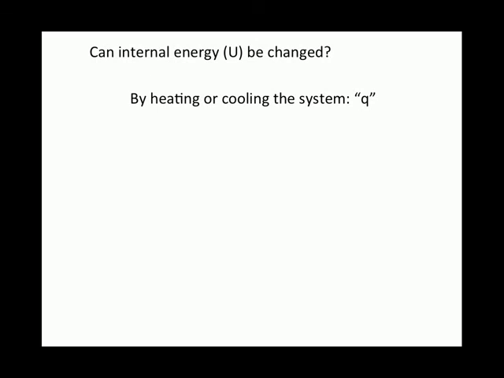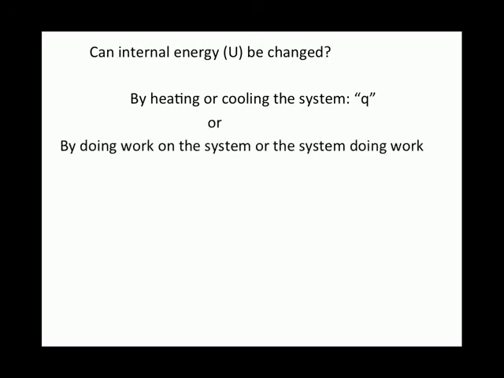But we're going to use a small q to represent the heating effect. Or we can also do work on the system or have the system do some work. And what we're going to see today is that work can be equated to heat, and heat can be equated to work. The total amount of energy that a system is going to either lose or gain is a sum of the heat effect and the work effect.